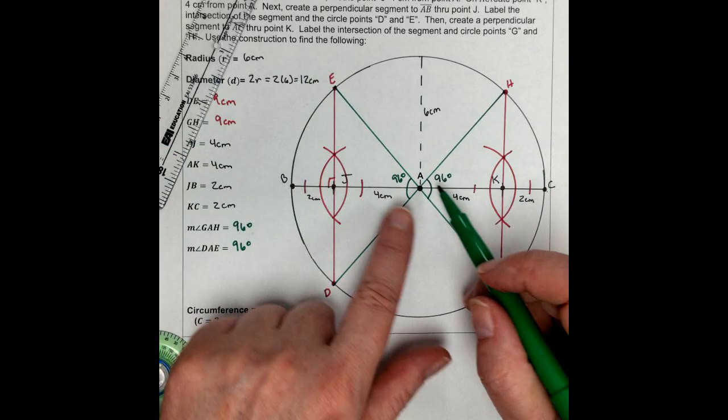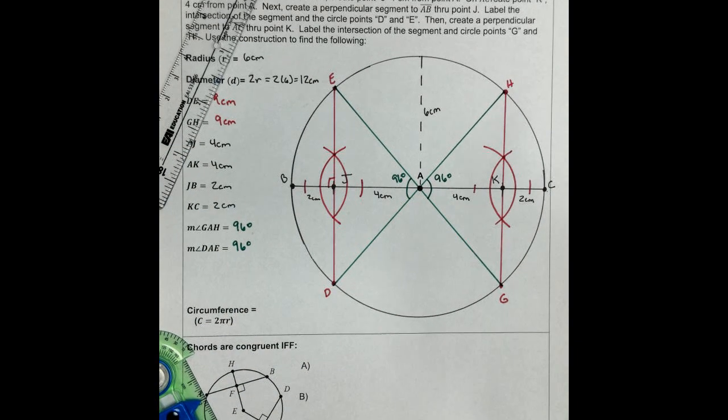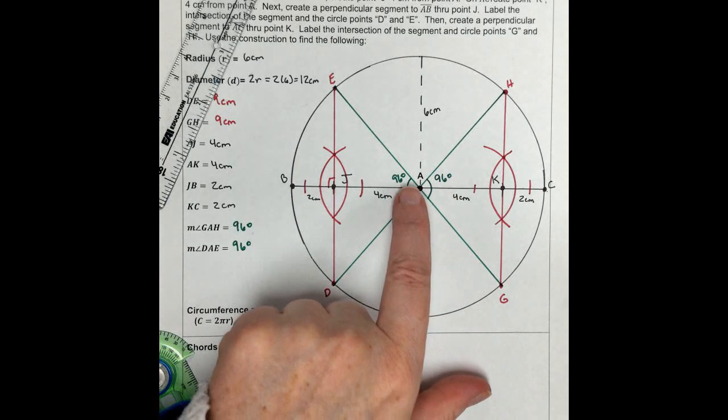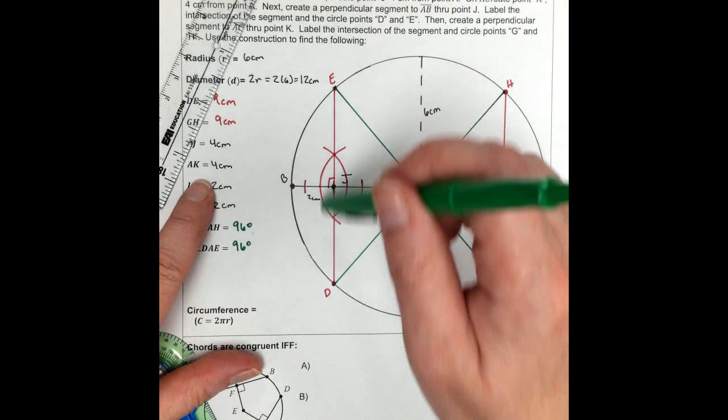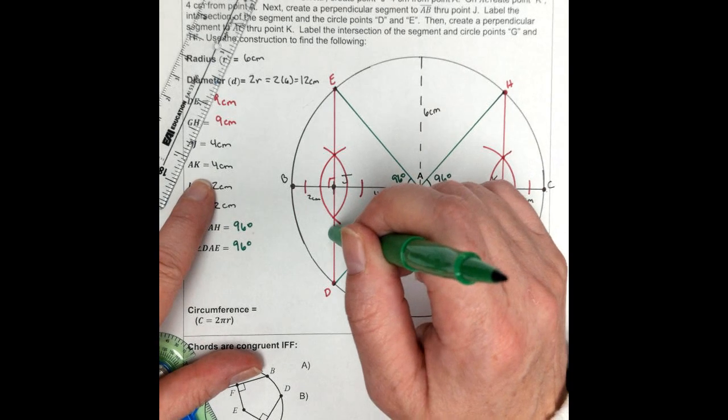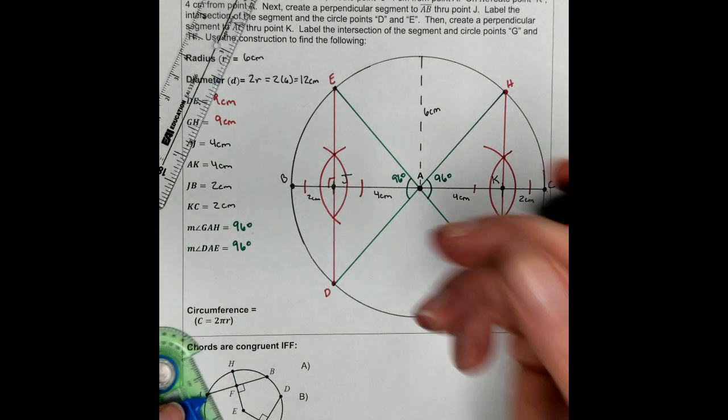Well, then that means that these angles have to be congruent too, because if I cut them in half, these segments are the exact same length, so these are congruent.